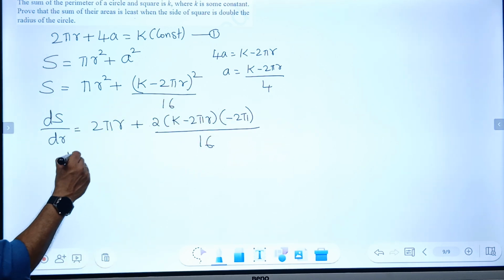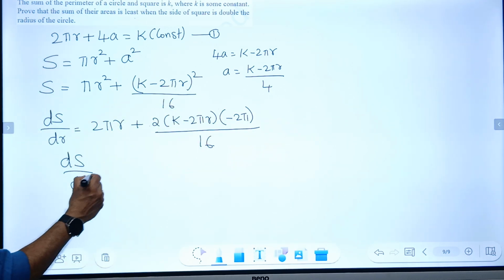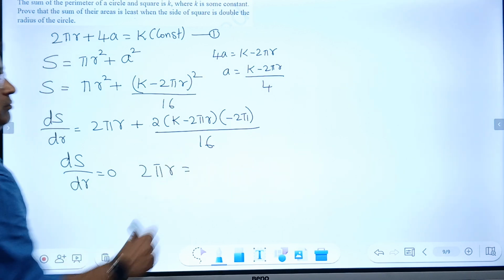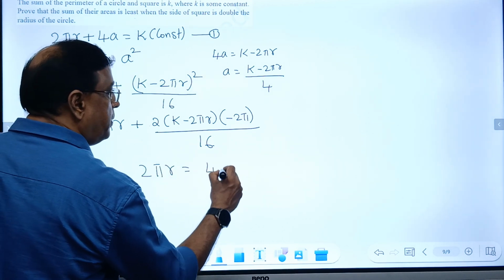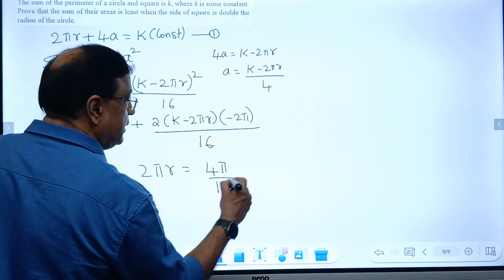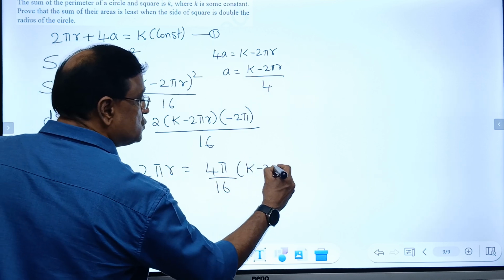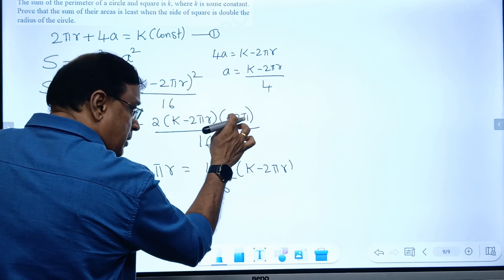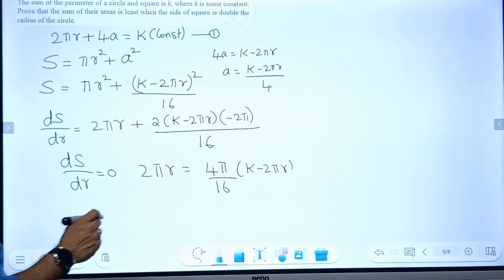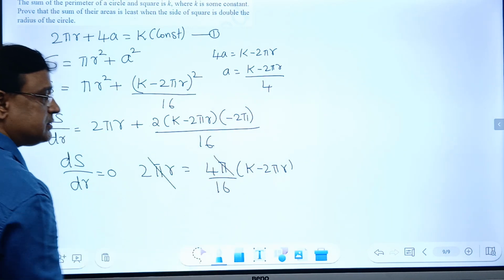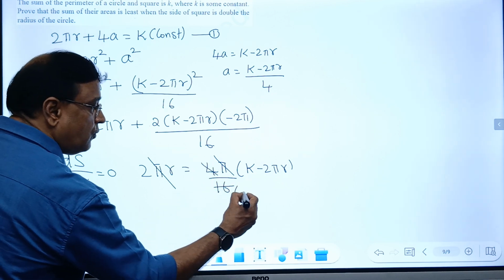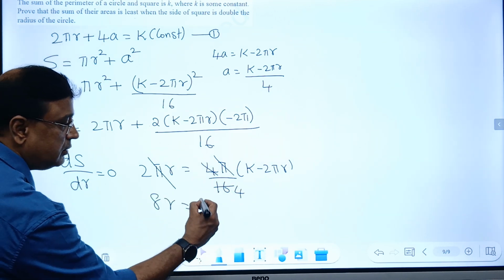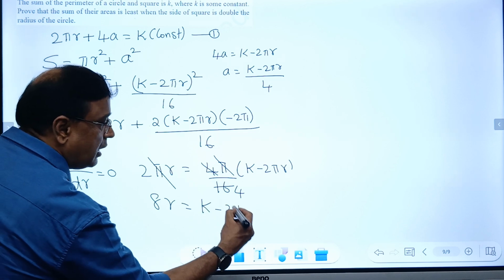Now the critical point, ds by dr equal to 0: 2 pi r equal to 4 pi by 16 into (k minus 2 pi r). I take this entire term that side, so minus becomes plus. Now you can see pi and pi cancel, 4 goes 4 times, so I get 8r equal to k minus 2 pi r.